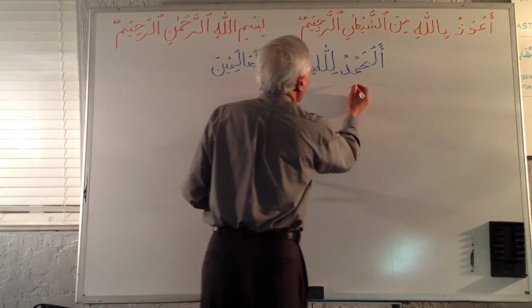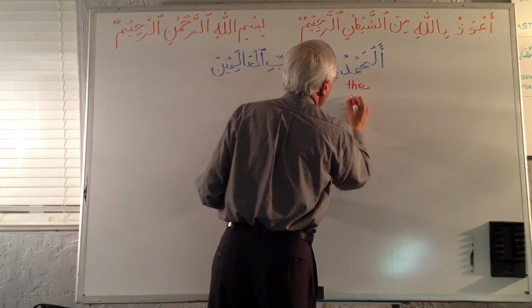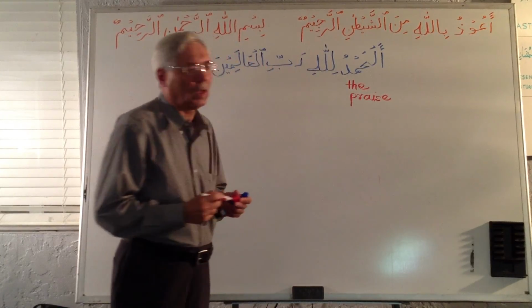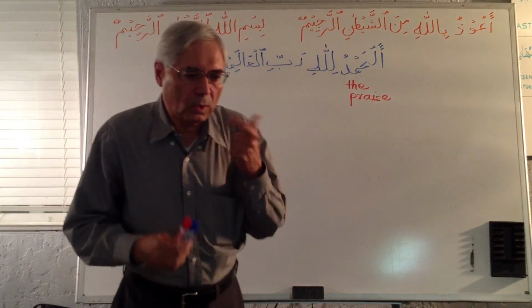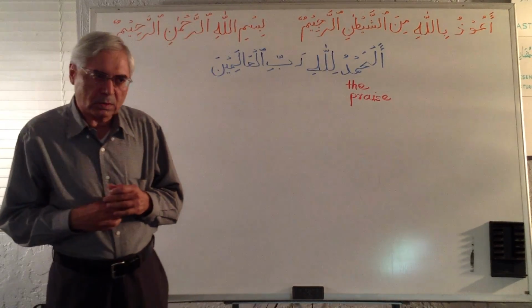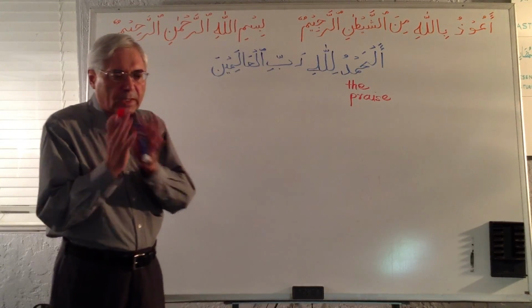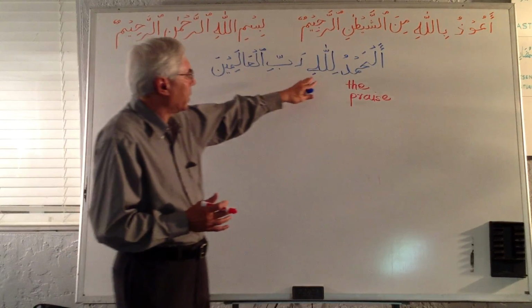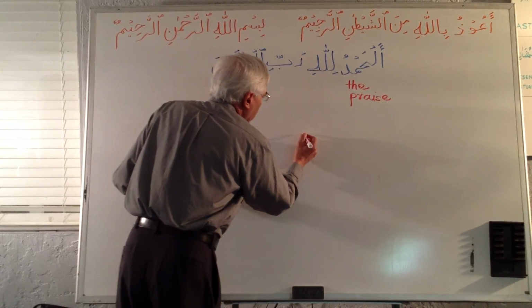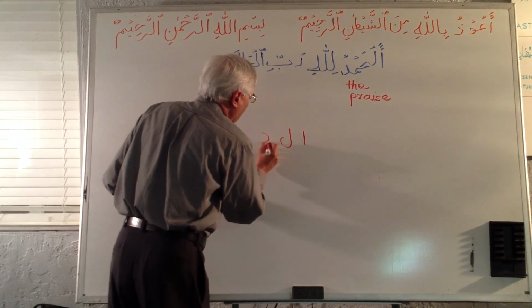So here we can write down Alhamdu means the praise. Now again, going back to the basic rule, I said 99% of the words will start with 3 letters. There are 2 opinions, but the one which I am going to create here, the next word, will follow the rule. These are the 3 letters, Alif, Lam and Ha.